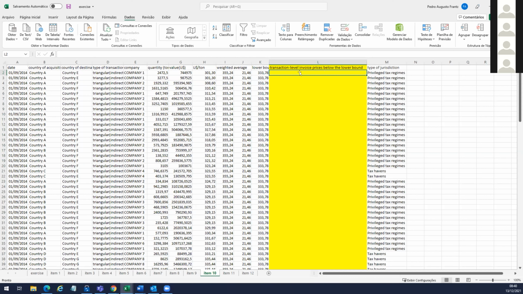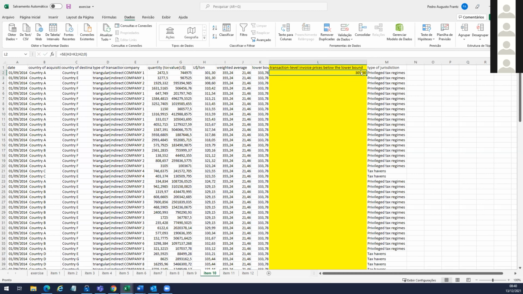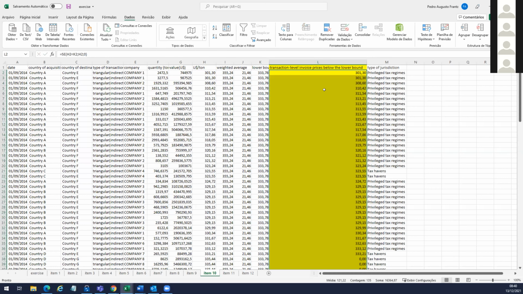We used it earlier. It is the IF, again, English IF, Portuguese SE. If this price is lower than lower bound, semicolon, show this price. If not, show 0. We replicate. Now we have here the transaction level invoice prices that lie below the lower bound.